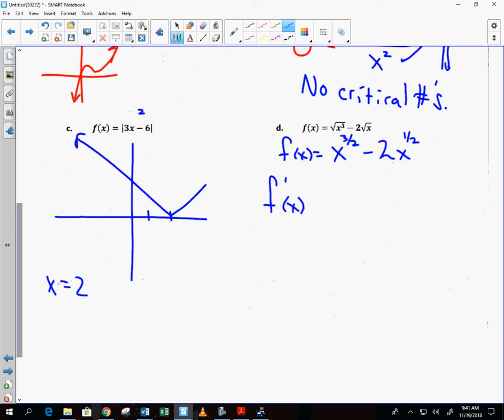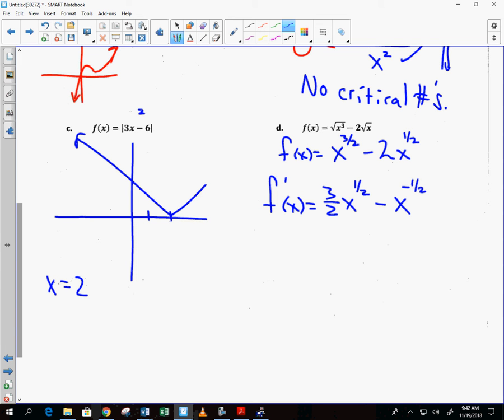F prime of x. I'm going to take the derivative. What is the derivative of x to the 3 halves? The 1 half minus x to the negative 1 half.